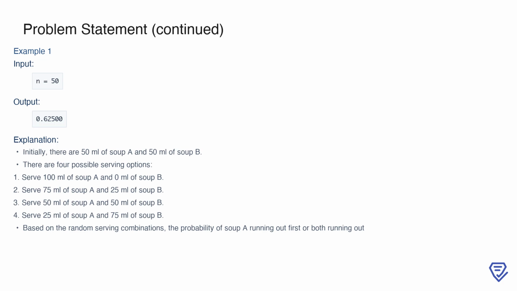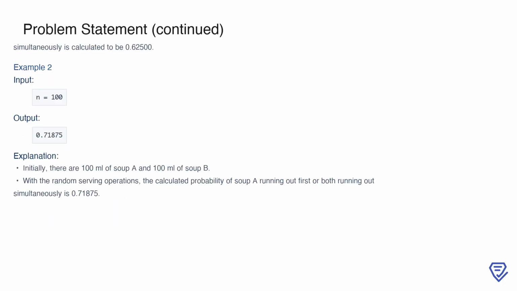We can serve 100 milliliters of soup A and 0 milliliters of soup B, or 75 milliliters of soup A and 25 milliliters of soup B, or 50 milliliters of each soup, or finally, 25 milliliters of soup A and 75 milliliters of soup B. For these serving combinations, we calculate the probability that soup A runs out first, or both soups run out simultaneously. After considering all possible serving scenarios and their probabilities, the result is determined to be 0.62500.